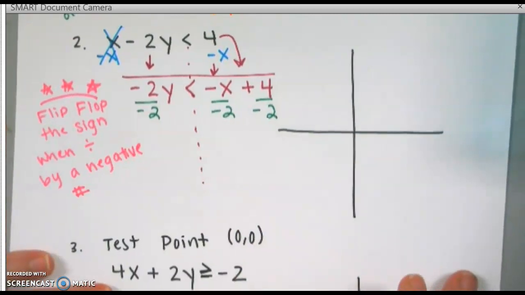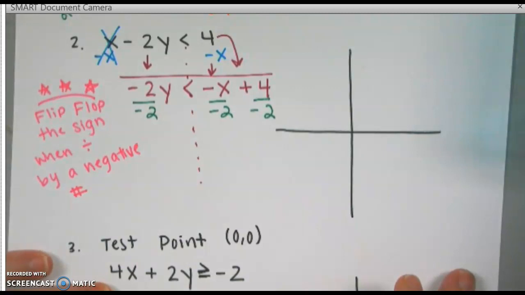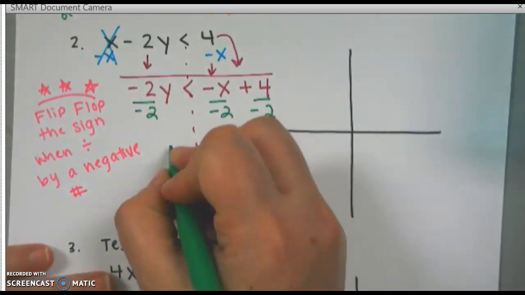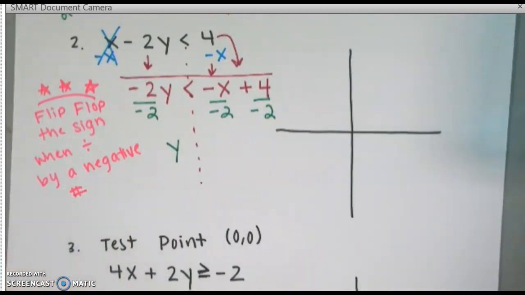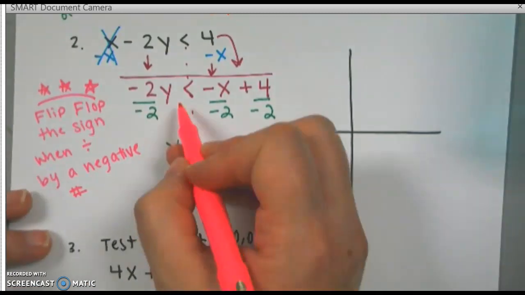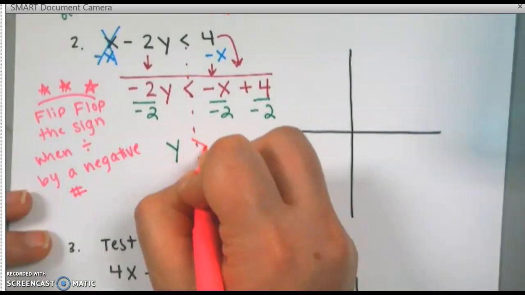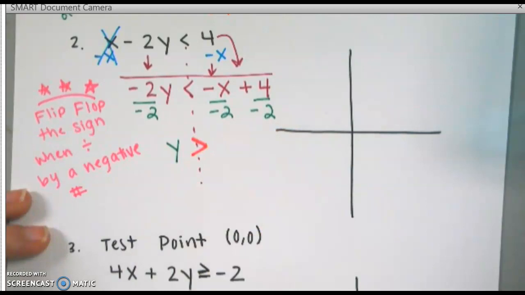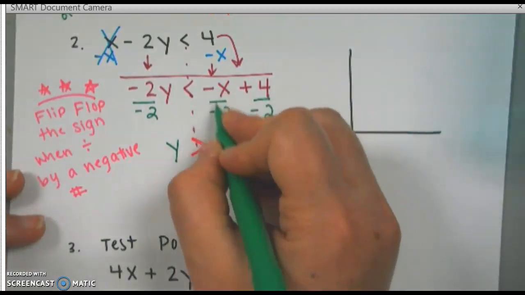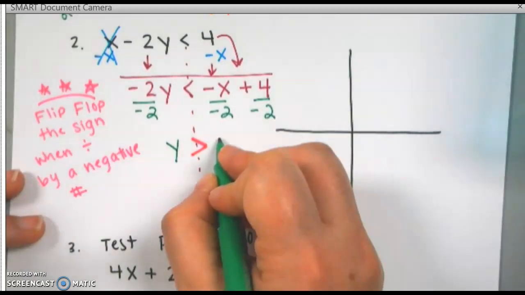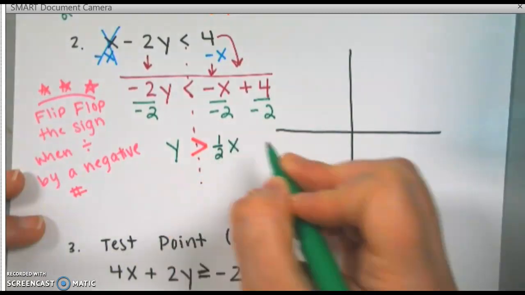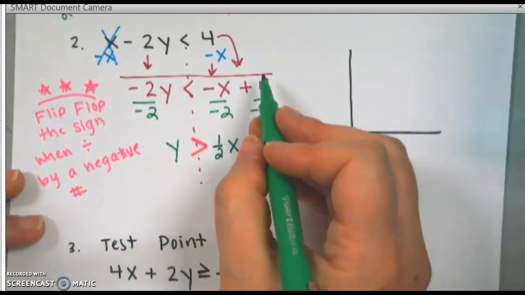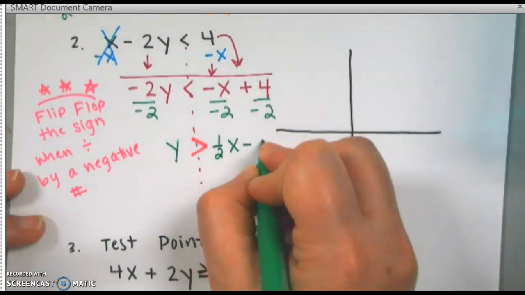We have to flip-flop the sign when we divide by a negative number. So when I go to simplify this, y is by itself, but what used to be a less than sign flips to a greater than sign. A negative and a negative is positive, so this would be 1/2 x. And 4 divided by negative 2 is negative 2.